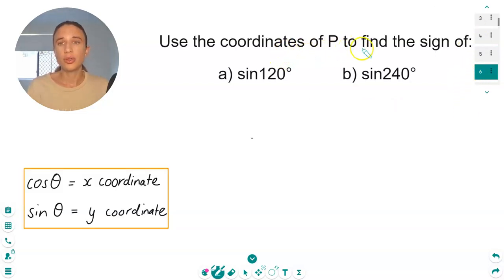So it says use the coordinates of P to find the sign of sine 120. So it's hard to talk about because we've got this type of sign, positive or negative, and we've got sine as in S-I-N-E. But try not to get too caught up in it.